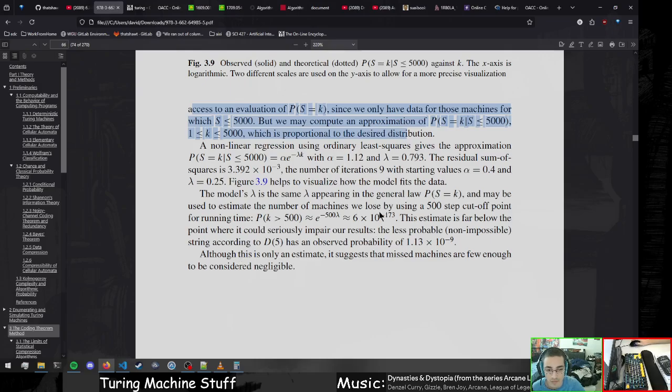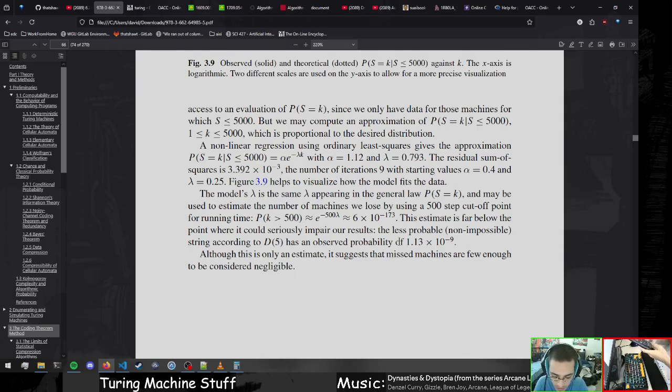Six times 10 to the power of negative 173. Wow. Okay, so there's a string that has a probability of 1 point. Okay, let me just plug that into the calculator and see the coding theorem thingy.